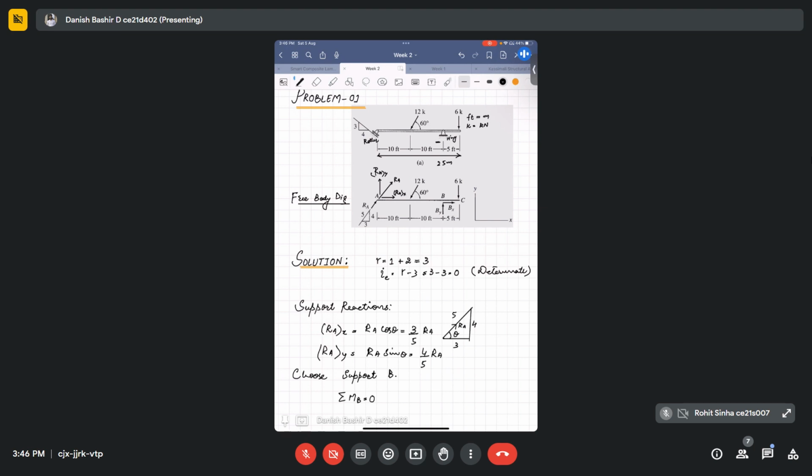Using this, we can compute RA first. If we use summation of MA is equal to 0, we can compute RB. That's pretty obvious from the diagram.